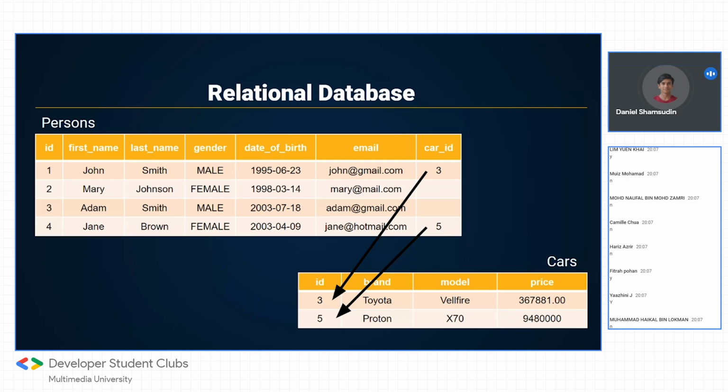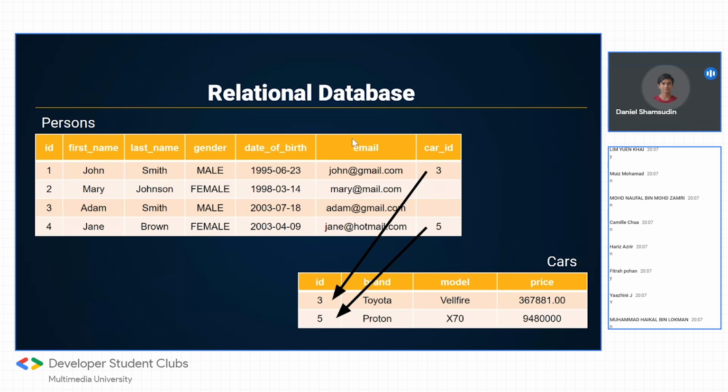We can see this concept being used in these tables. We have 2 tables. The top one is called persons, and the bottom one is called cars. As you can see in the persons table, there's a column called car ID. And in the bottom one, there's a column called ID, with values of 3 and 5.